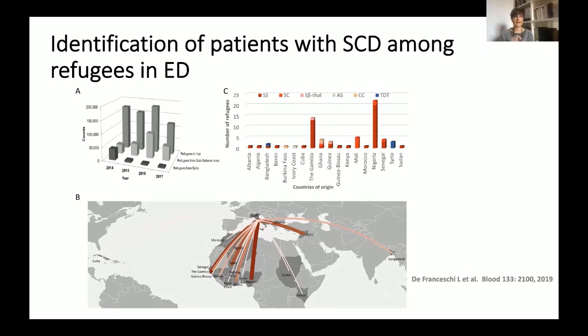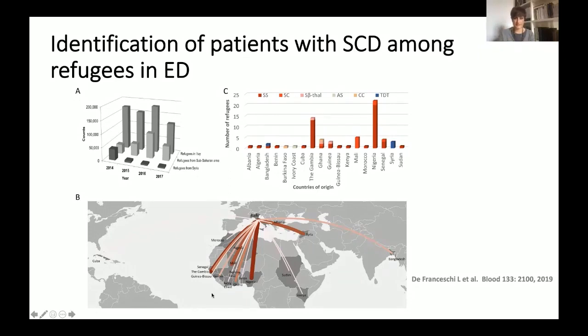And again, for acute pain crisis, this highlights the importance of having guidelines and recommendations for the emergency department shared with hematologists, internal medicine doctors, or pediatricians.